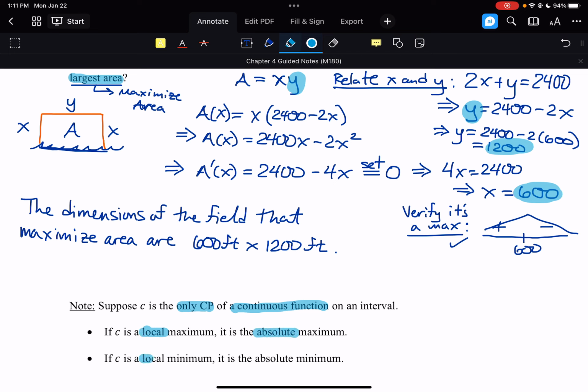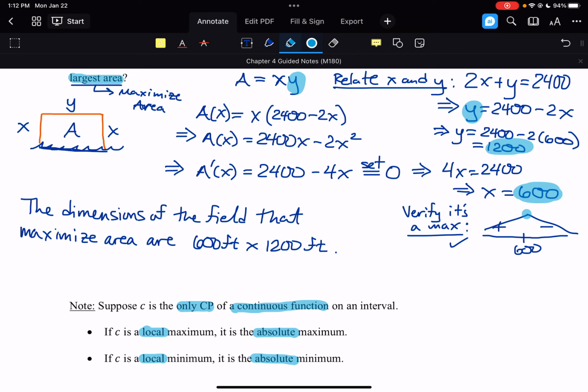And if C is a local minimum, it is the absolute minimum. So in other words, if you only have one critical point and it's a max, it has to be the absolute max. And if you have a critical point that's a min, it has to be the absolute min.